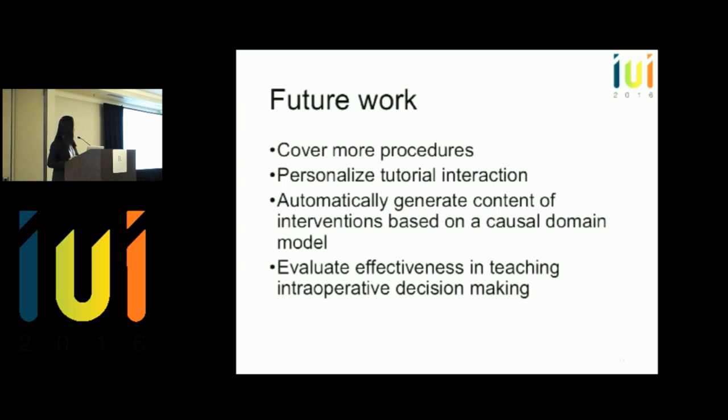So for your point, personalizing the tutorial interaction, if you could say a little bit more about how you want to do it, because I saw in your initial architecture slide, there was no connection between the student model and the feedback. So I'm assuming that you're going to put a little bit more of a connection there.